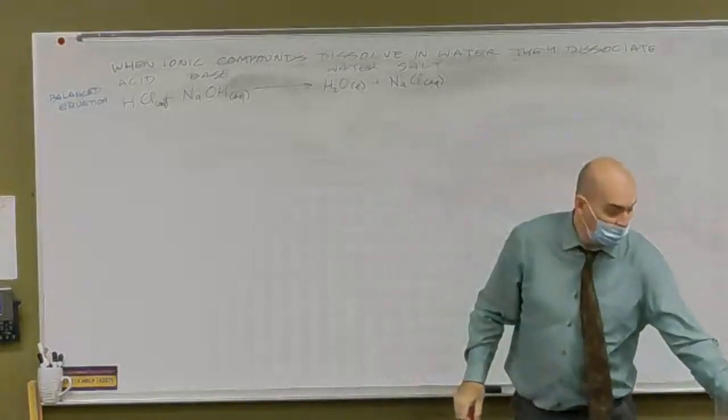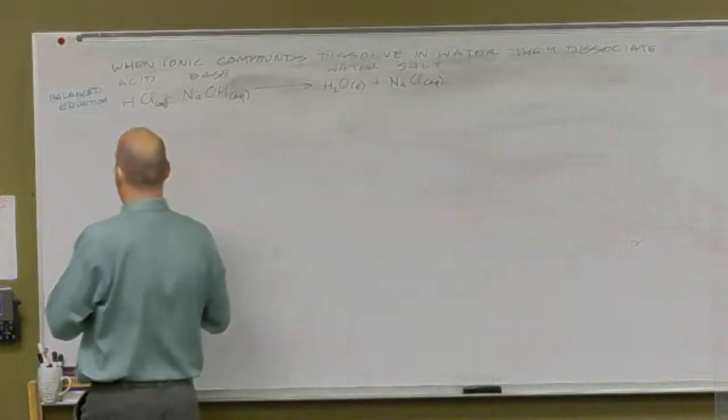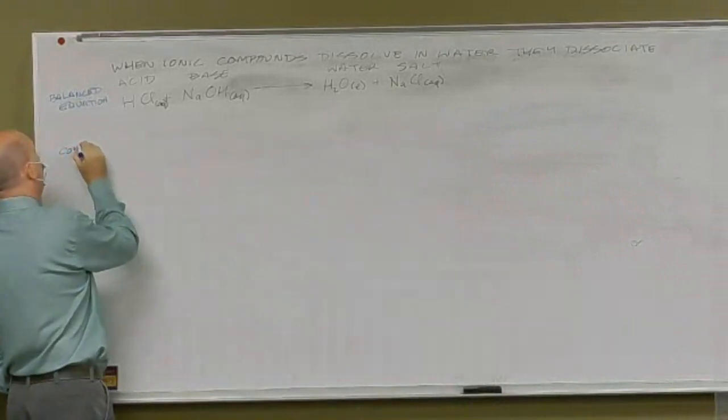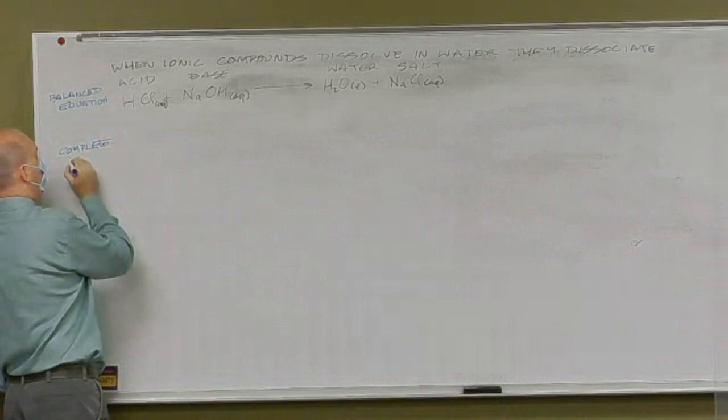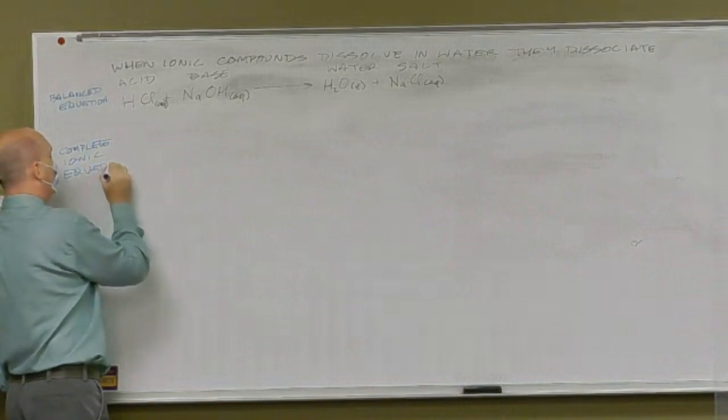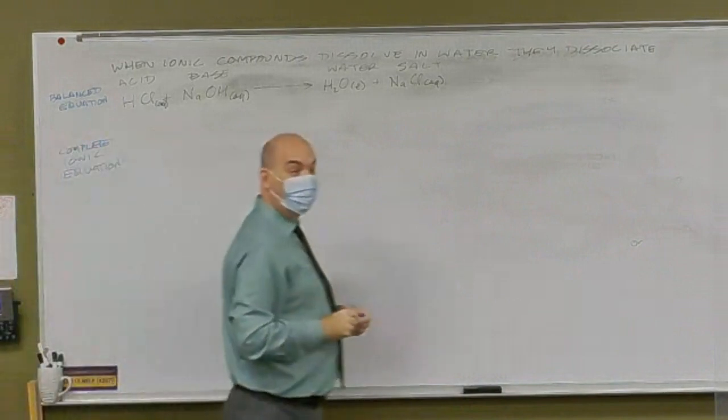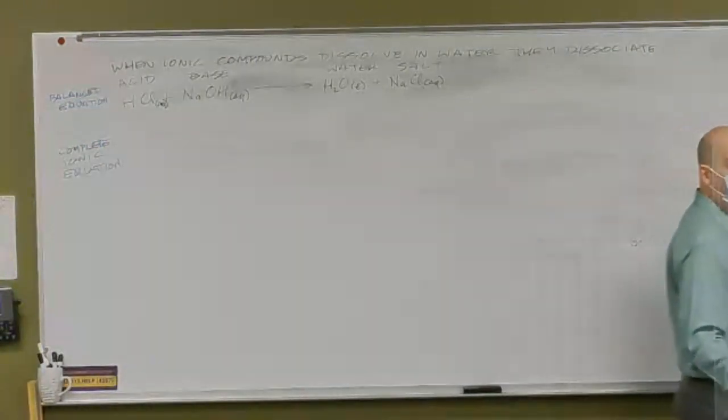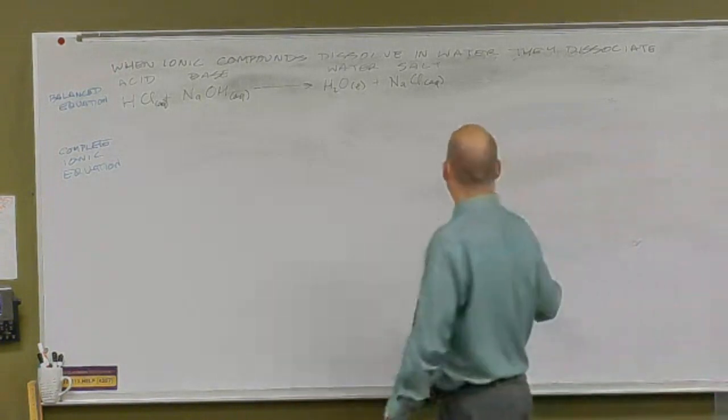So, the first thing I'm going to do is write something called a complete or total ionic equation. And in a complete ionic equation, you take everything that's written on the page and you turn it into its ions.